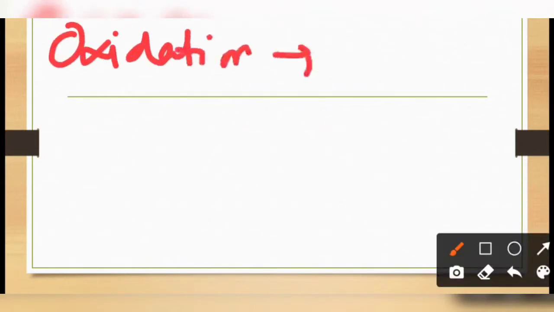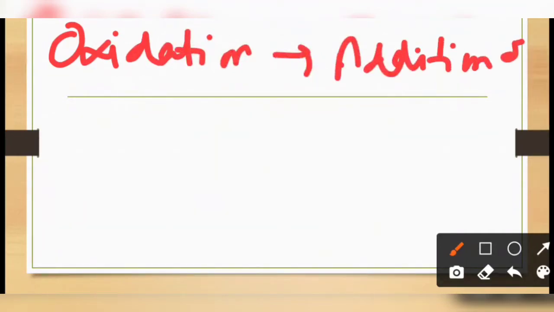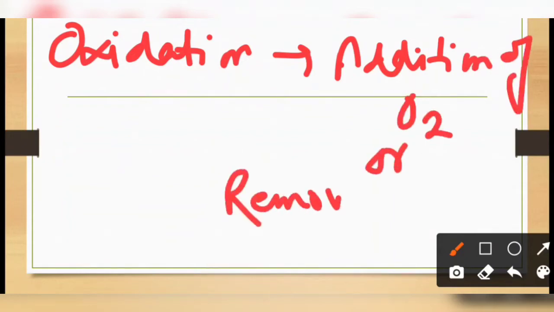So let's see, what are oxidation reactions? Oxidation will be confirmed if there is the addition of oxygen or removal of hydrogen from the substance, from the reaction. Then the reaction is known as an oxidation reaction.